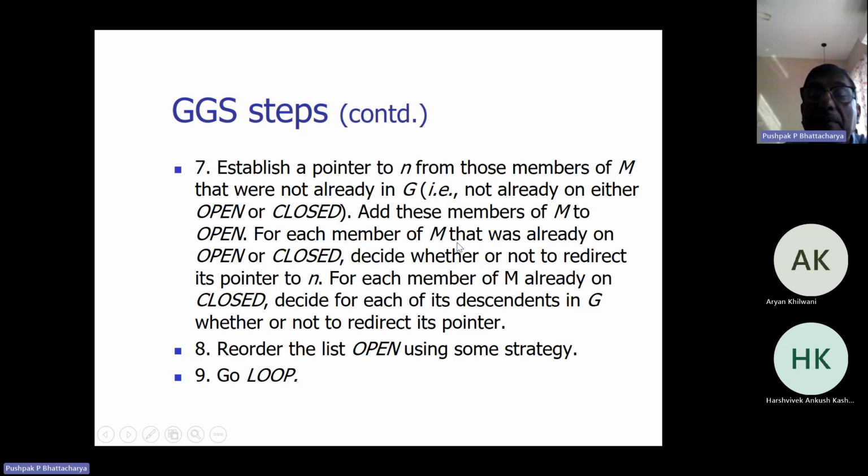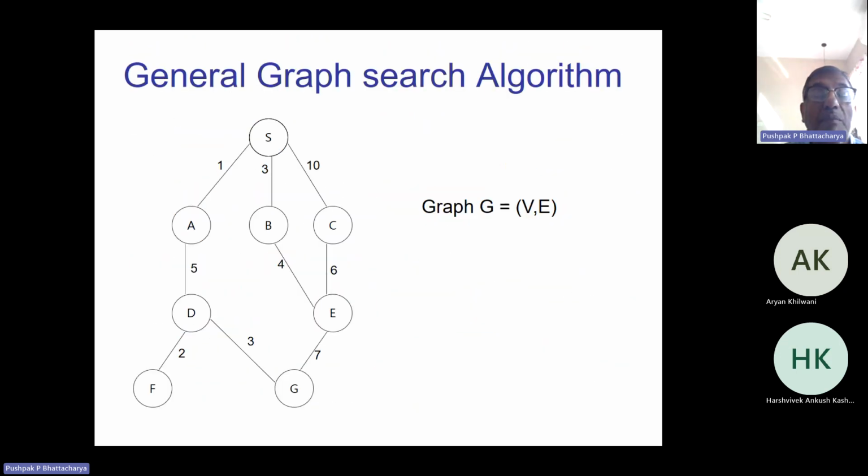For each member of M that was already on open or closed, decide whether or not to redirect its pointer to N. This discussion we had, you remember, in the example graph: node E came from both B and C. But there was no reason to change the parent pointer of E. If the path to S from C would have been less costly, then the parent pointer would have changed.